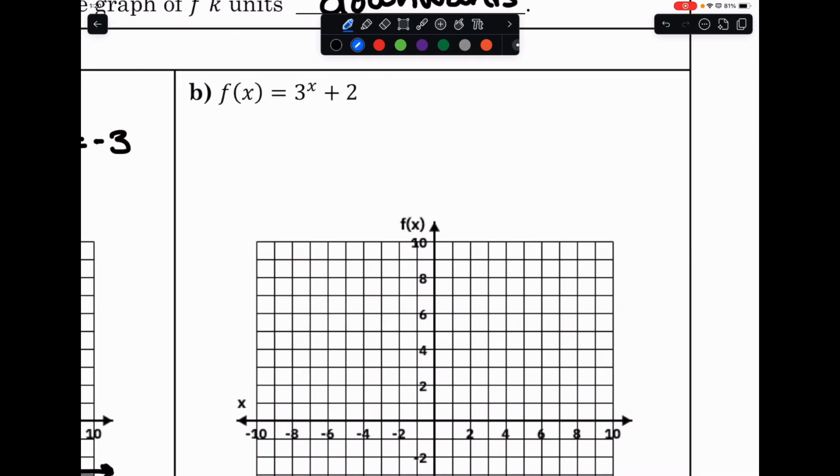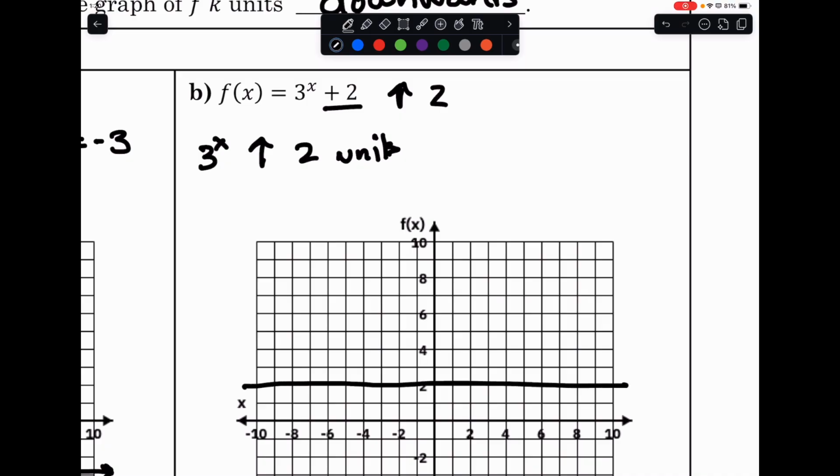So for this example, it's simply going to move it up because it's plus. That will move it up 2 units. So 3^x is going to move up 2 units. So starting with the horizontal asymptote, it will put you right there. Our point (0, 1) would move up 2 units.